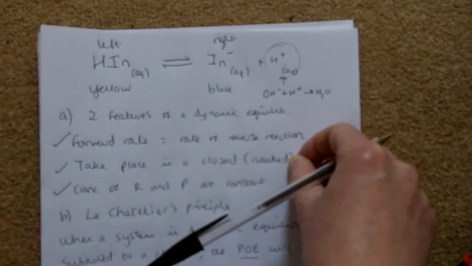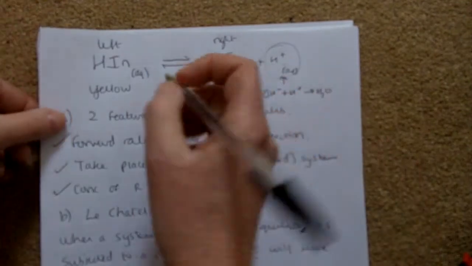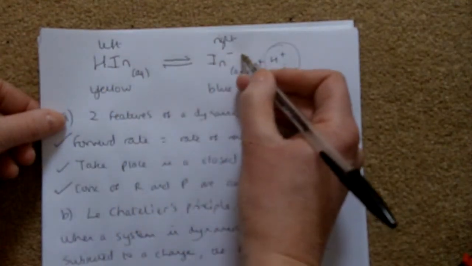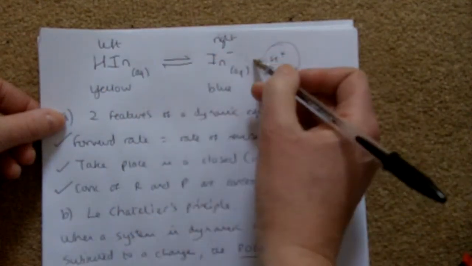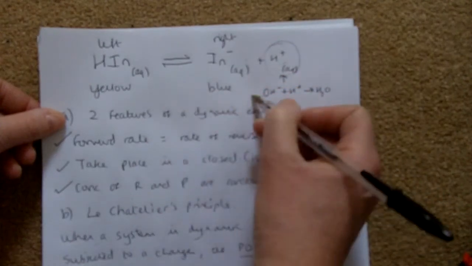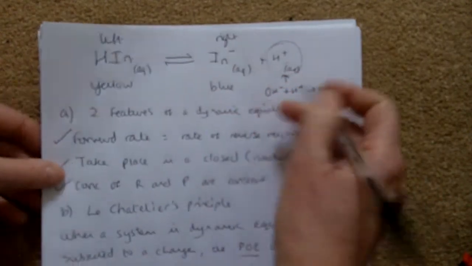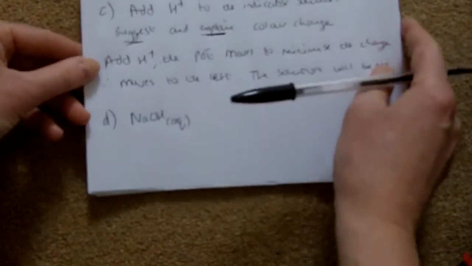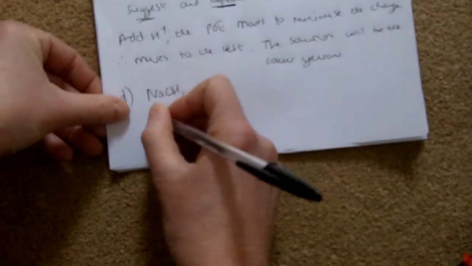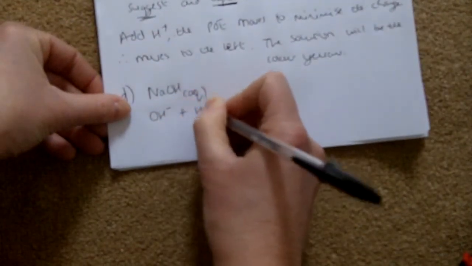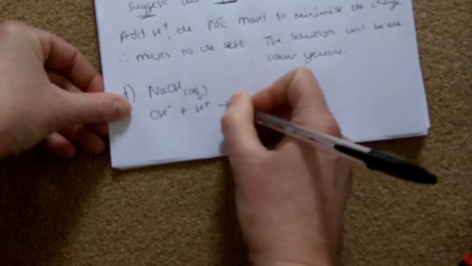The equilibrium will move to minimize the change. The position of equilibrium will move to the right to restore the acid, and so you will turn the colour blue.